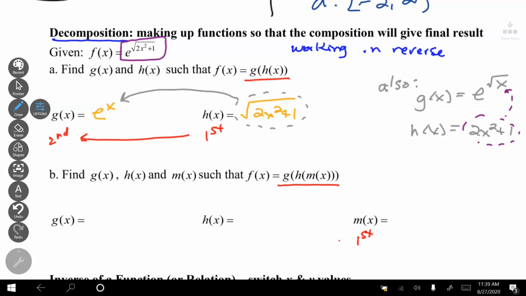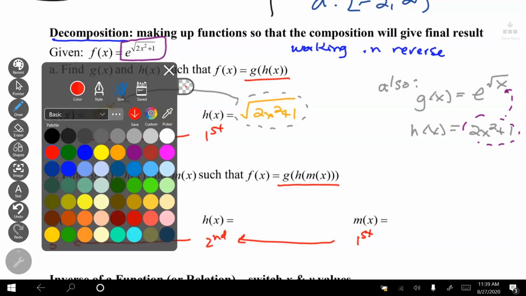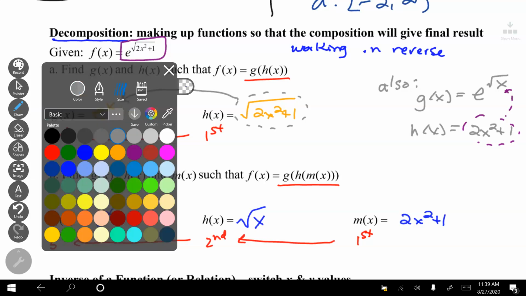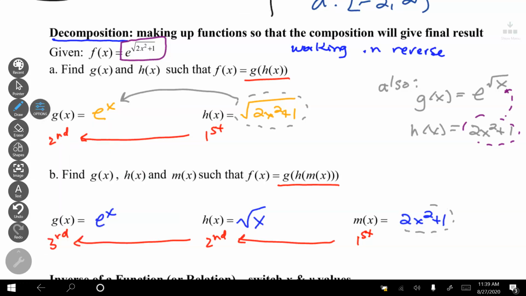So this is first, into here this is second, into here this is third, and maybe we get something like 2x squared plus 1, the square root of x, e to the x, because when I take this and plug it in here, I get the square root of 2x squared plus 1, and then when I plug it in here, I get what I want. Decomposition, breaking it up into pieces.